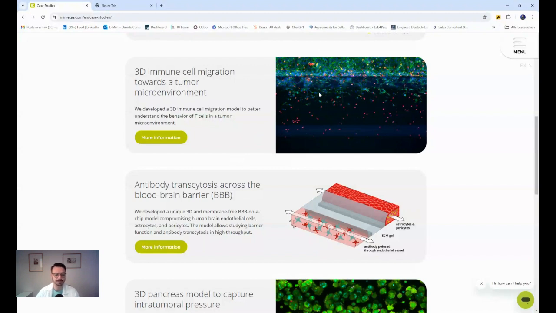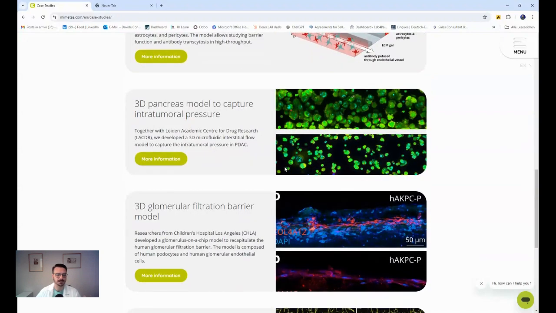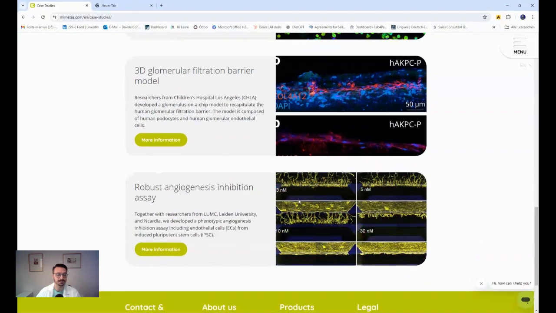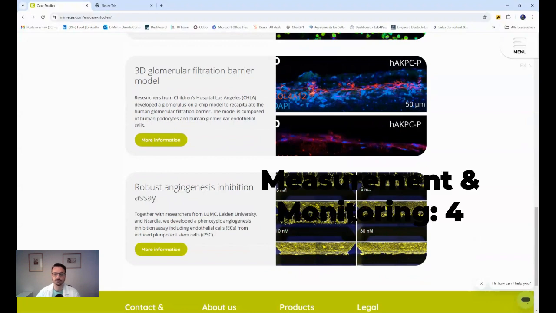So this is obviously one of the limits when it comes down to sampling. But the other side that we have to mention is that you can definitely image these kinds of devices, so you can really stay in them, watch them, look at how they evolve over time, and this is definitely a super plus. So in terms of measurement and monitoring, this would also go with a 4.